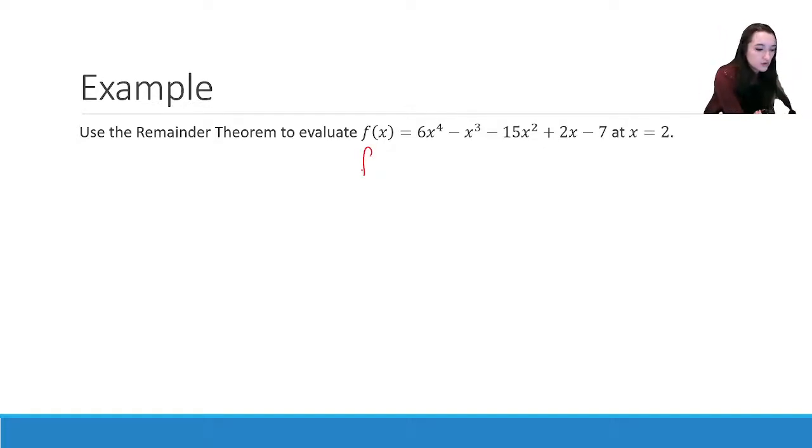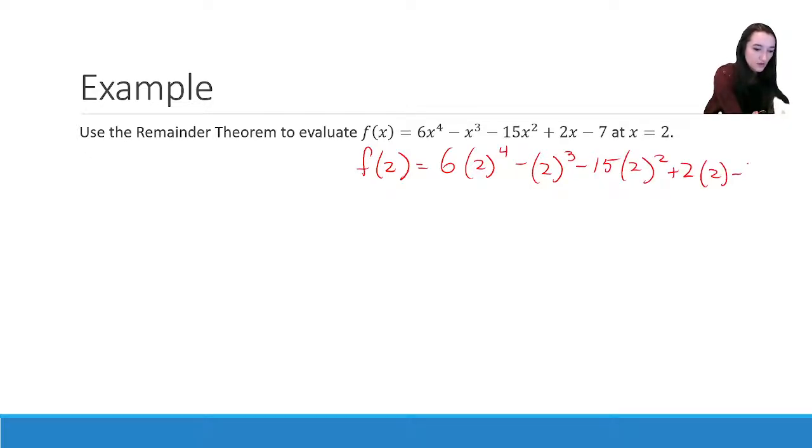So you could say, well, f of 2 is 6 times 2 to the fourth minus 2 cubed minus 15 times 2 squared plus, and it keeps going. 2 to the fourth is 16, and I have to multiply that by 6, and let's say that's a lot. This polynomial could be very large. The number you're plugging in could be very large. So do I really want to go through the effort of simplifying this?